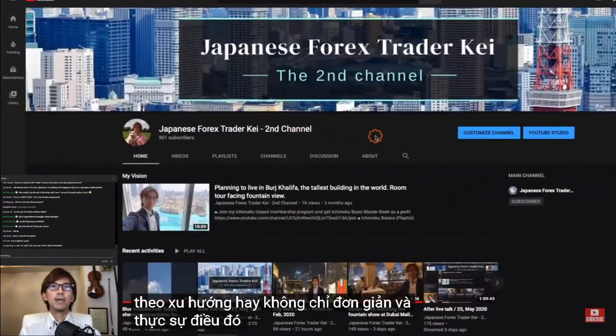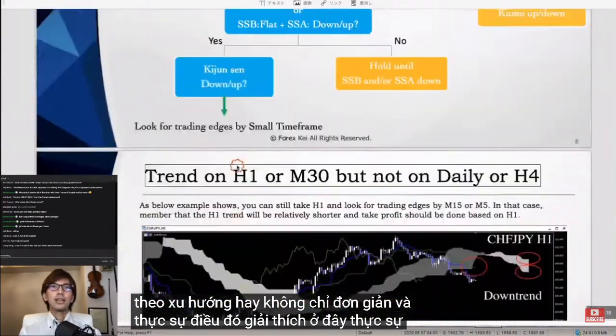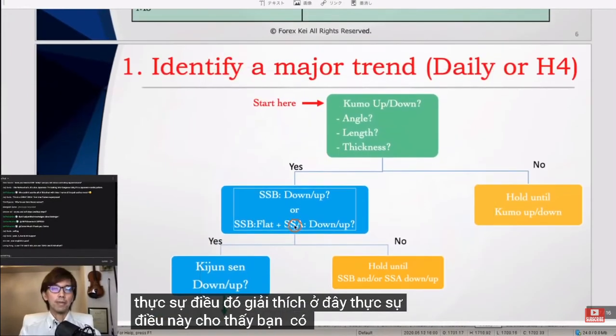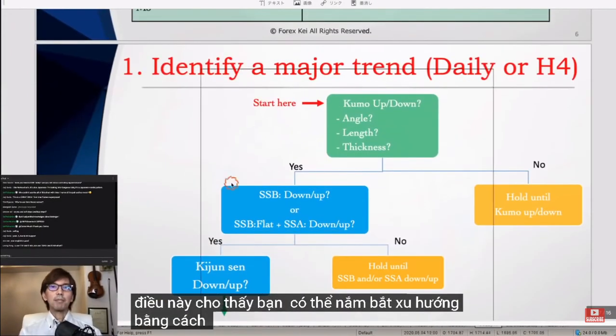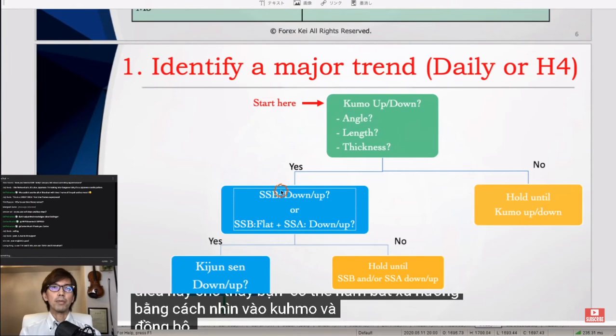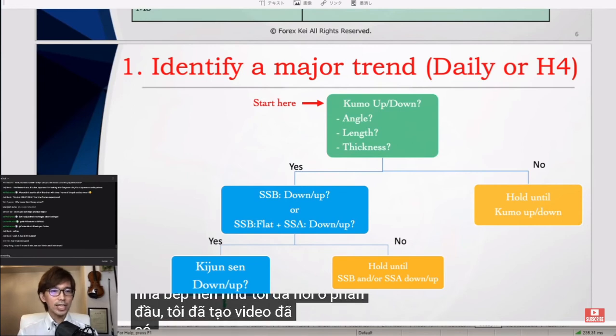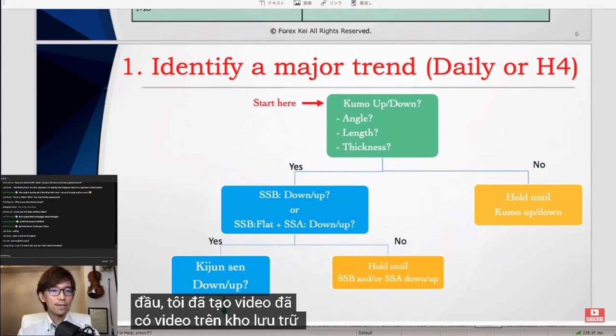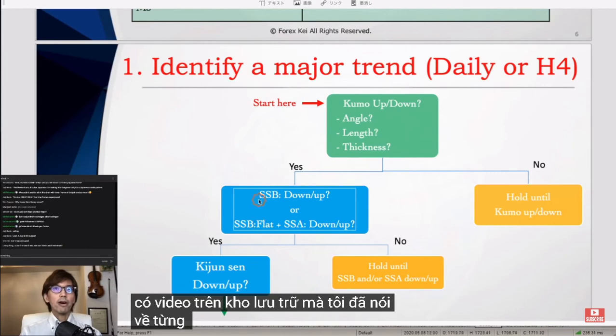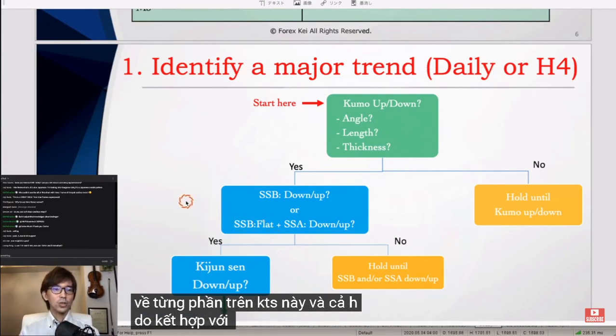And actually that explains here. This shows how you can capture a trend by looking at the Kumo and Senko span B, Senko span A, and Kijun Sen. So, like I said in the beginning, I created the video already. There are videos on the archive where I talked about each part of this KTS, and also how to combine them together to see whether it's on the trend or not.